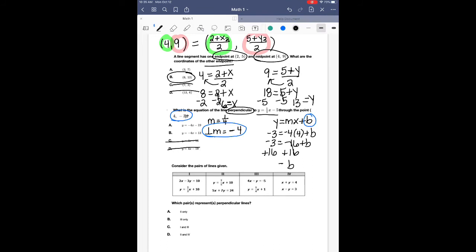Add 16. And B equals 13. So I have my perpendicular slope, I have my B to make my answer y equals negative 4x plus 13.